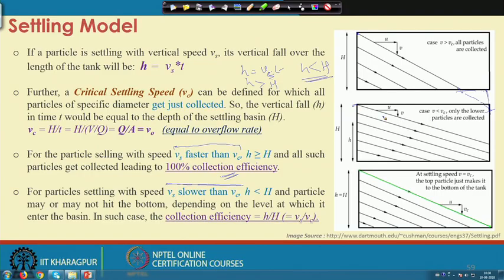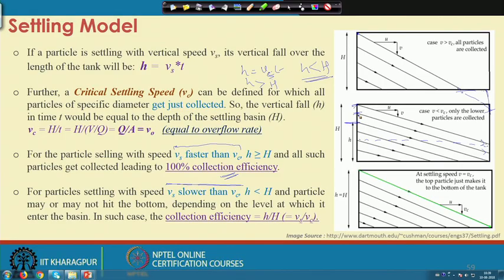For such cases the particle entering here will travel a distance smaller than H, and particles entering here may not get removed because they are not able to cover this entire depth in the time they spend within the tank, so they will hit the outlet zone.